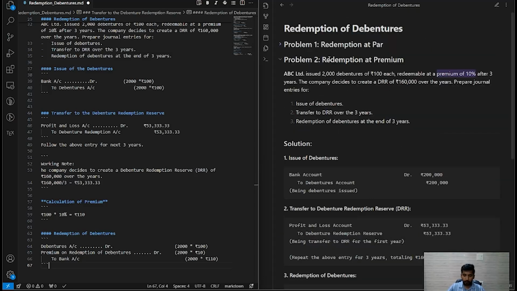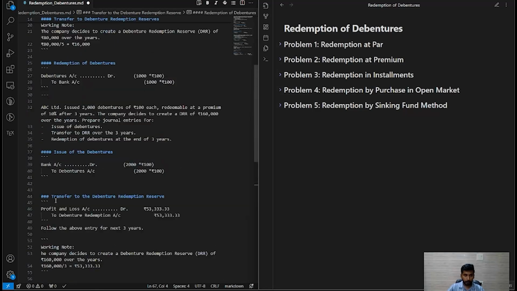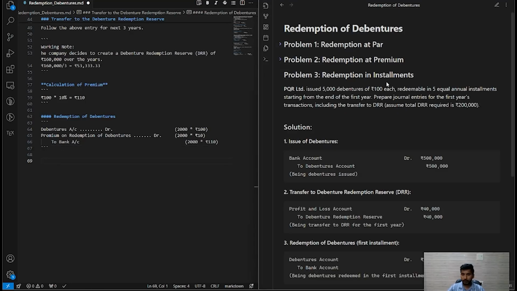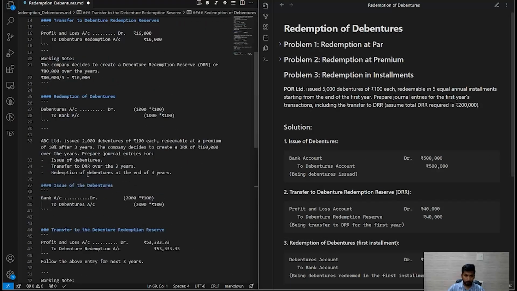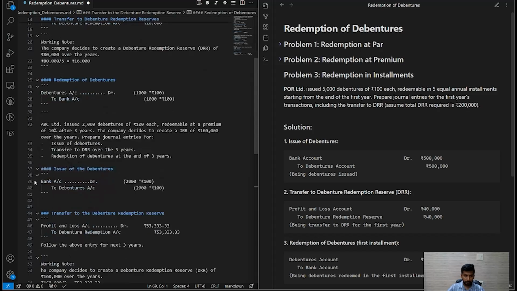This is what will happen if you redeem the debentures at a premium. Now let us move ahead and talk about problem 3, which is redemption in installments. What will happen if the redemption is in installments?